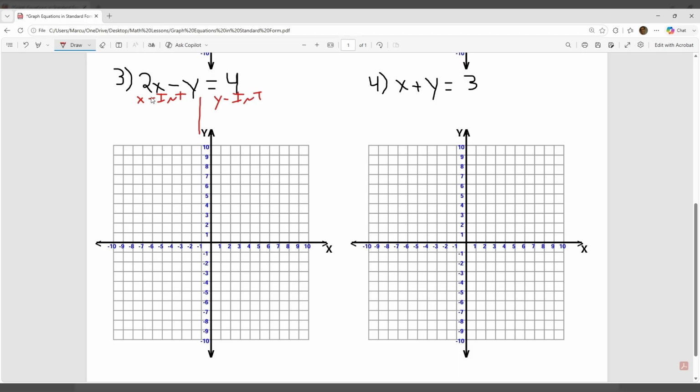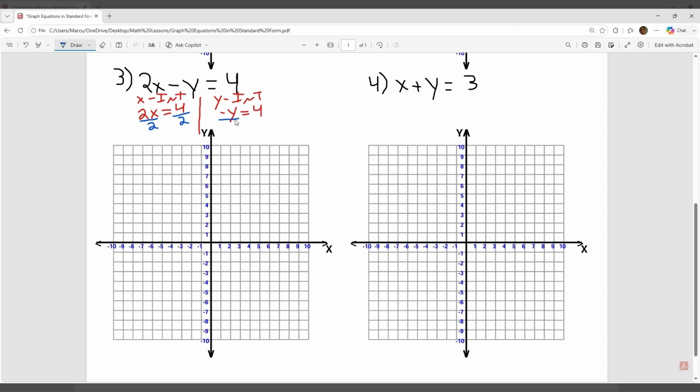So for the x-intercept, you're replacing the y by 0. So you're just going to get 2x is equal to 4. And for the y-intercept, you're going to replace the x by 0. So you're going to get negative y is equal to 4. So for the x, you're going to divide both sides by 2, like this.